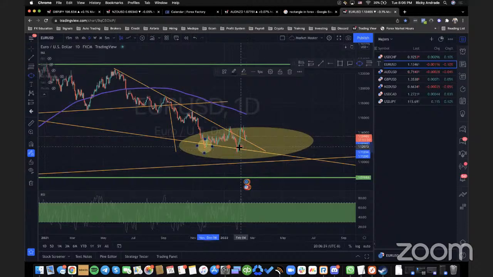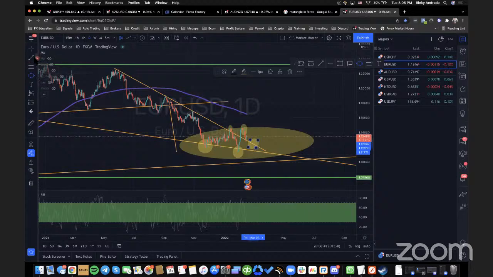We have this left shoulder, we have this head, and then if you see these lower highs right here, this high is also on this previous high, so that's showing signs that it's no longer on the downtrend. It should have been a lower high, but now it's a high, so it's most likely going to create a higher low to give us this right shoulder right here. And then the neckline right here.